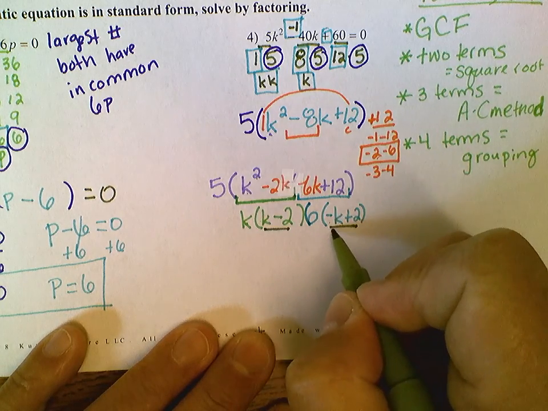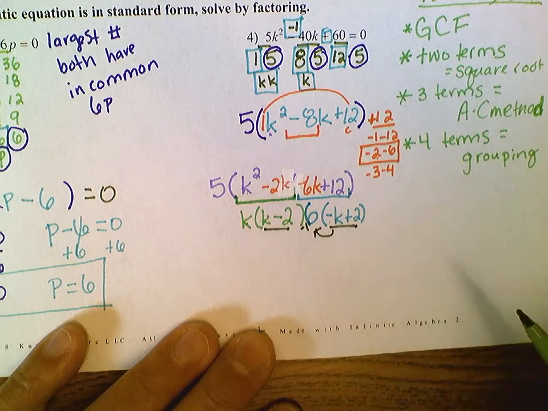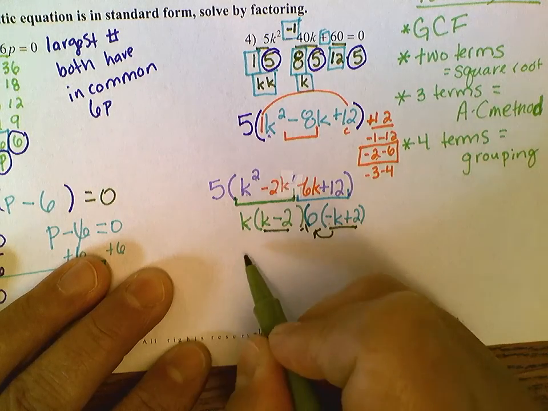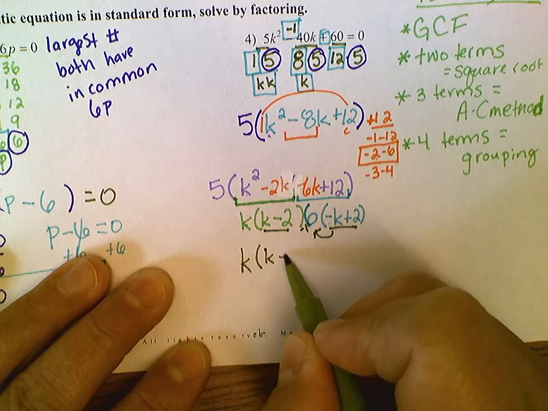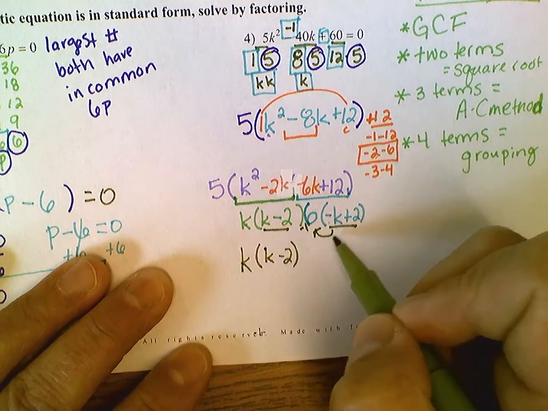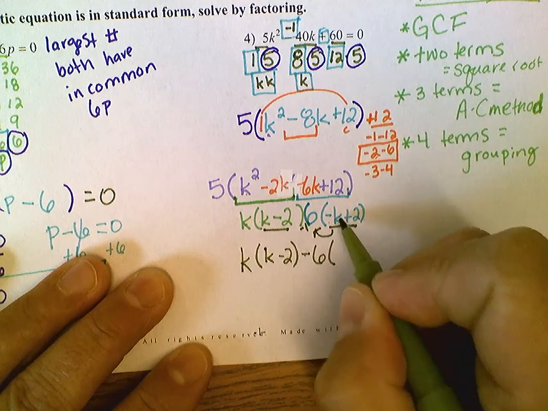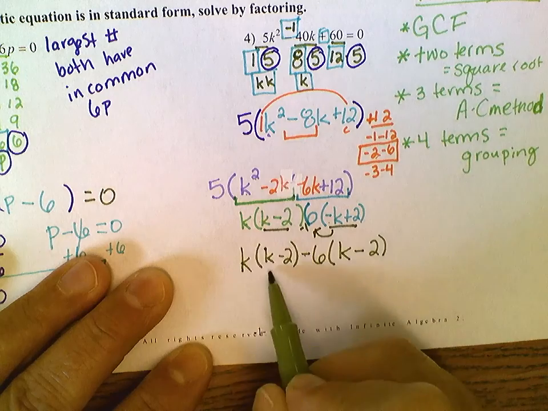So what I can do is I can factor out a negative 1, which is going to make this the way I want it. So when I do that, I have k times k minus 2, because this does not change. Factor out that negative 1, so this is now negative 6. This is now positive k. This is now minus 2.